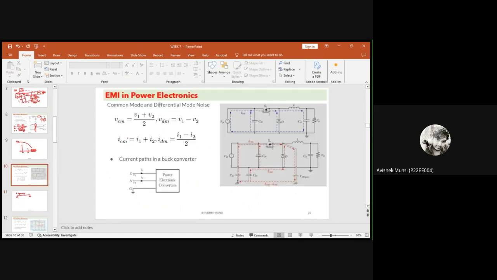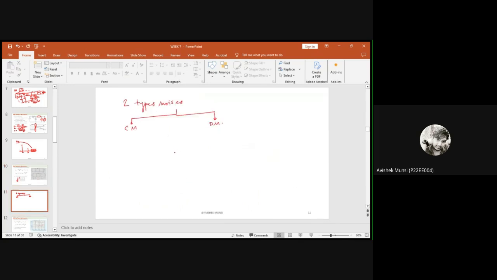So if you see in this picture, you have a line, you have a neutral. A current is flowing through line and neutral, and there is a specific ground over there, right? So the common mode voltage is generated in this case. If you redraw it like this: line, neutral, ground.